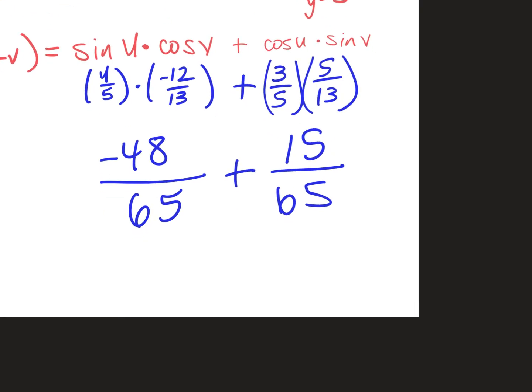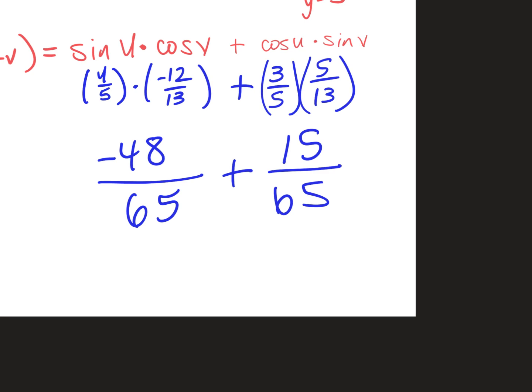Good. And now what can we do? You can subtract or add, however you want to say it. But what's a net combine? What's -48 and +15? Negative what? -33/65. And then the last step is to see if you can simplify, which we can't. So there we go.